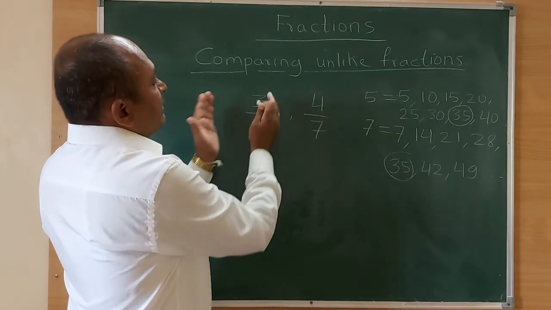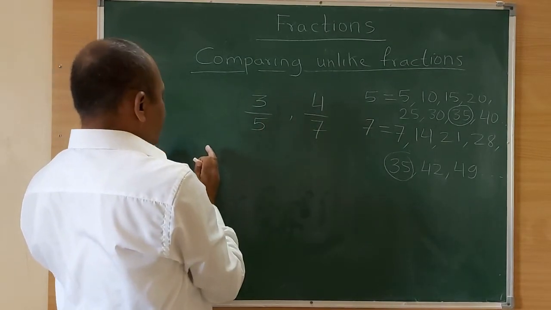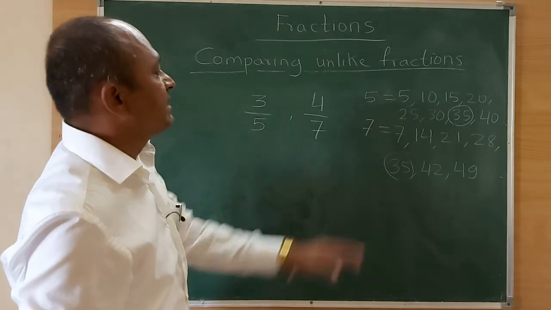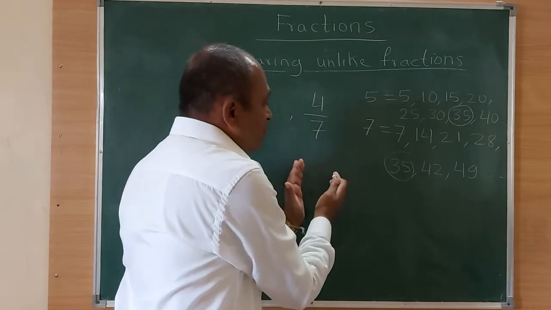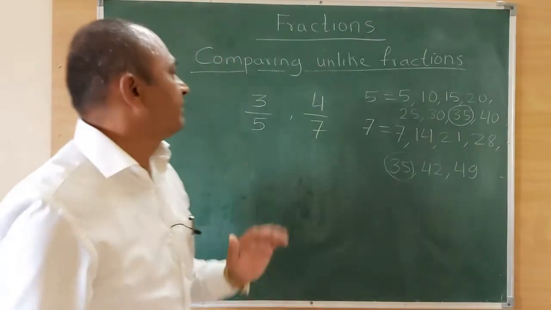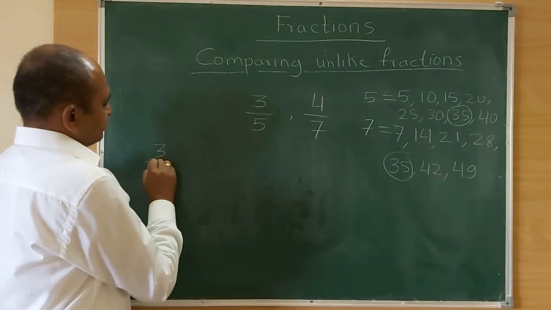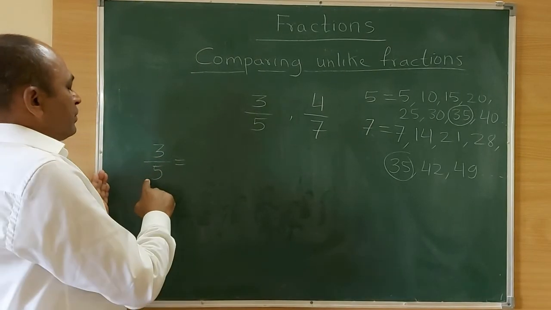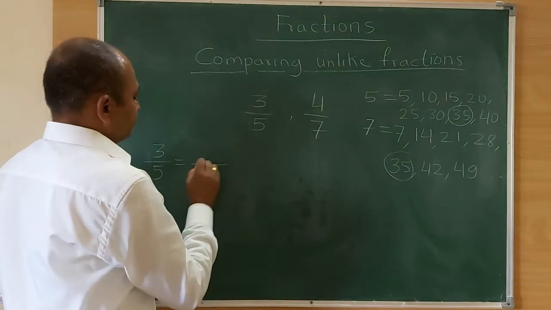I will convert this 3 upon 5 into an equivalent fraction whose denominator is 35, and I will also convert this 4 upon 7 fraction into its equivalent fraction whose denominator is also 35. First I will take 3 upon 5. Now you know how to convert the fraction into its equivalent fraction.